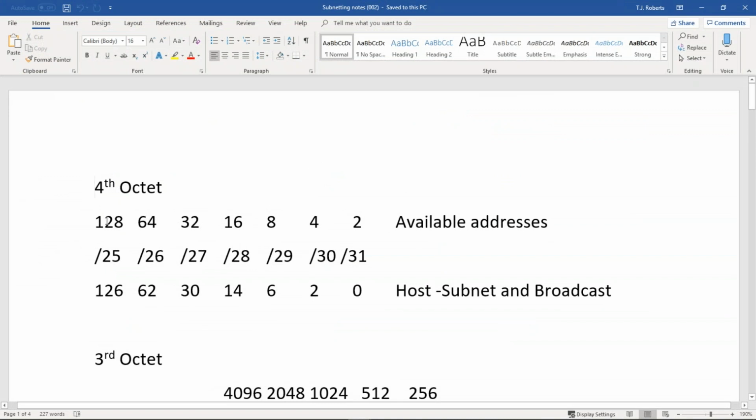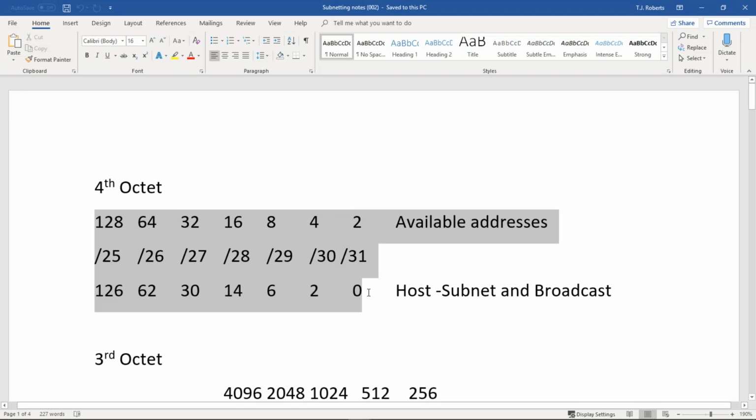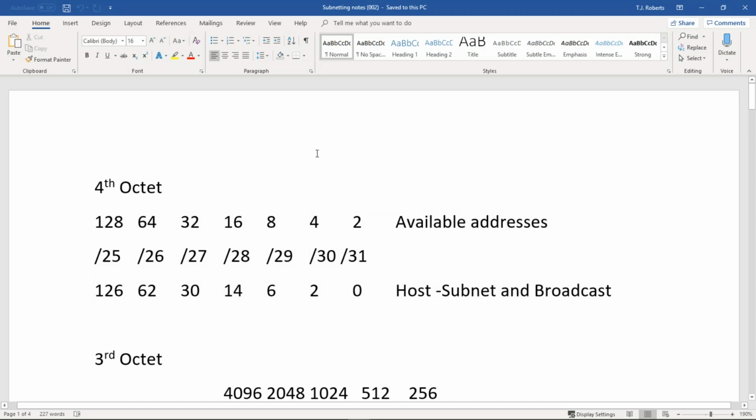If I'm taking any type of networking exam where I think there may be some subnetting on it, what I do is I write this at the top. What this does is it tells me, without having to do the math, if they tell me that I need a certain amount of devices for a subnet, then I just use this chart and I don't have to waste my time.